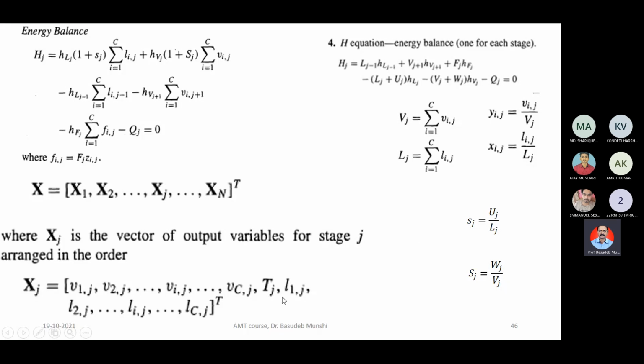So 2C plus 1 variables for any particular stage j. Now we have n stages, so n into 2C plus 1 variables. We also have that many equations, so we can solve the problem altogether.